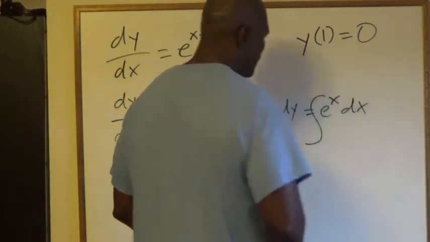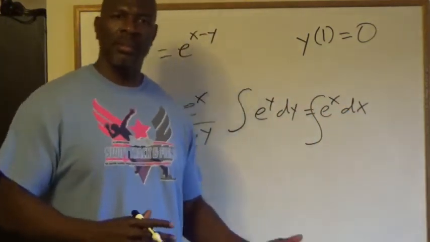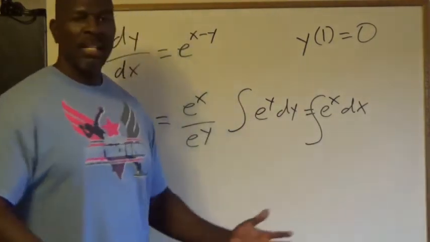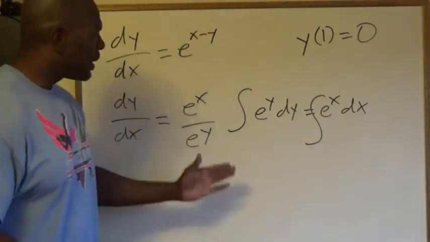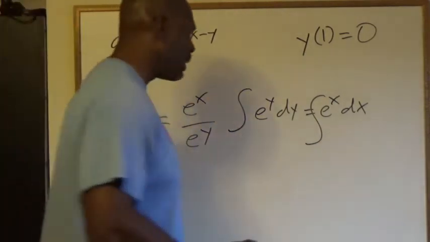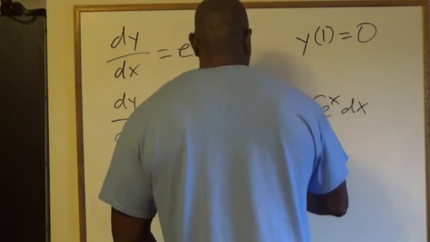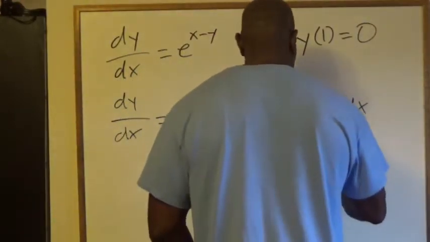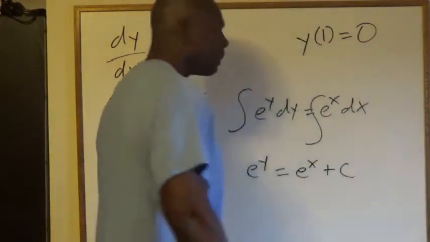But what we're integrating is everybody's favorite integral. In fact, e to the x or e to the whatever is everybody's favorite derivative, because the integral of e^y dy is e^y, and the integral of e^x dx is e^x plus some constant.